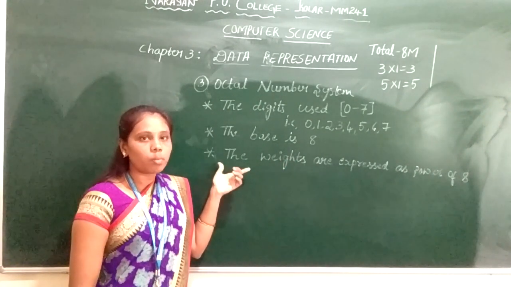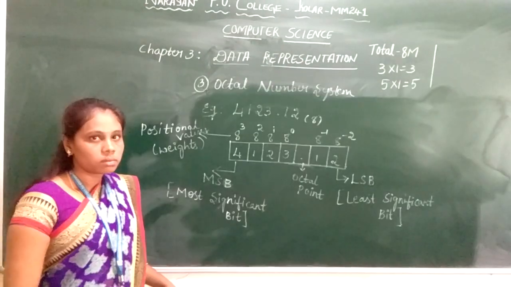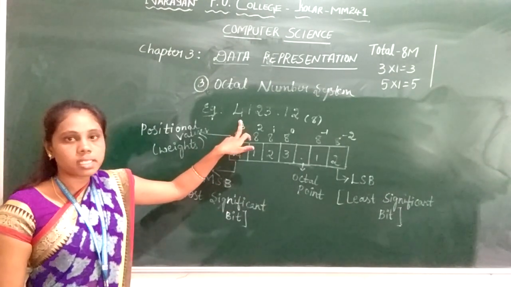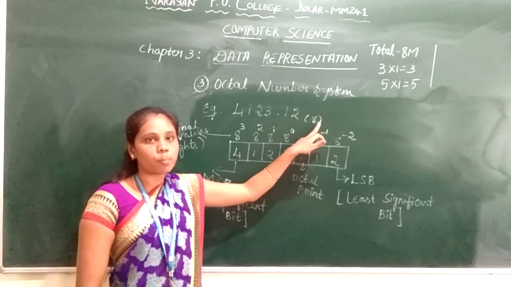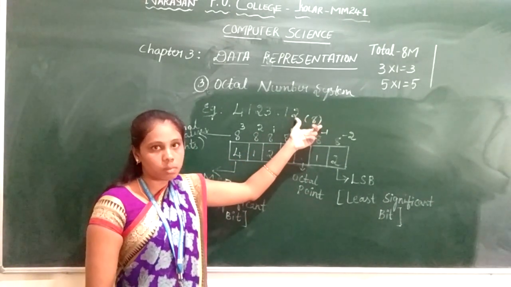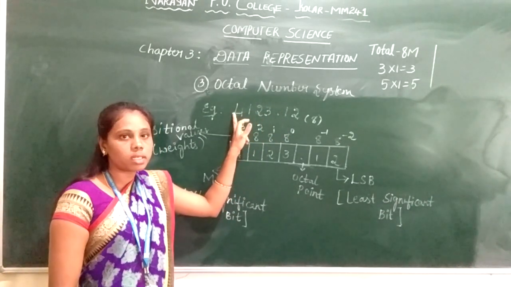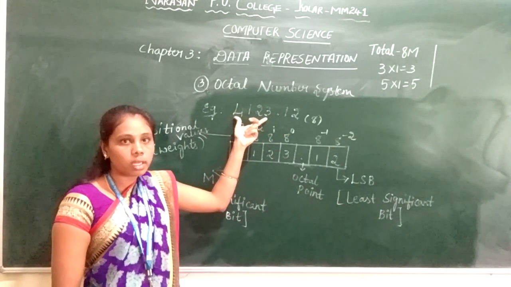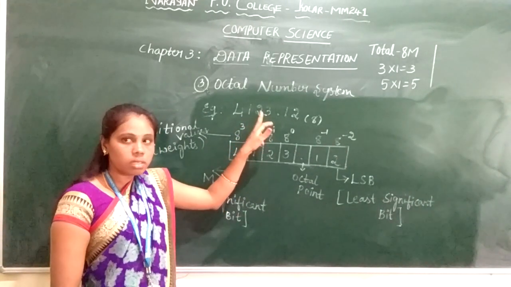Now we will see the memory representation of the octal number system. So, this is an example for an octal number system. The base you compulsorily need to write for any number system. So, this base is 8. We are using only the digits from 0 to 7, not more than 7.